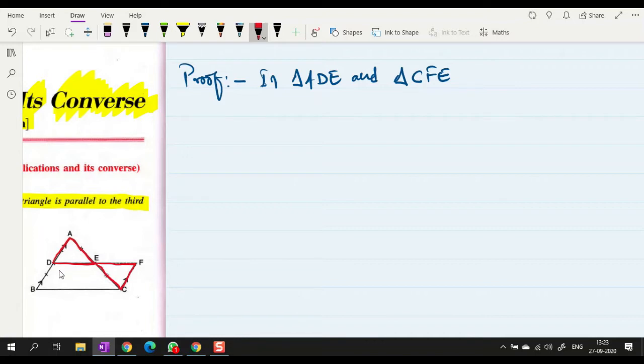These are the two triangles on which we will have our focus. What is equal in these two triangles? I will just mark over here what is equal and what is parallel. Do you see that in these two triangles, AE is equal to CE? Yes, sir. Can you tell me the reason why?